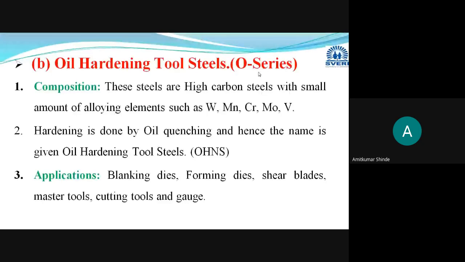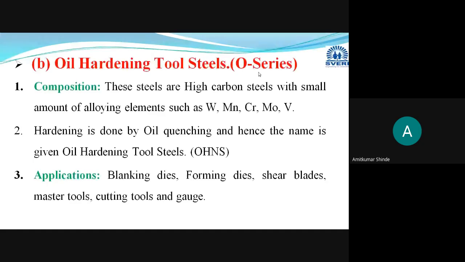Otherwise you can write: high carbon steel with a small amount of alloying elements. And very few alloying elements will be there, that is tungsten, manganese, chromium, molybdenum, and vanadium.